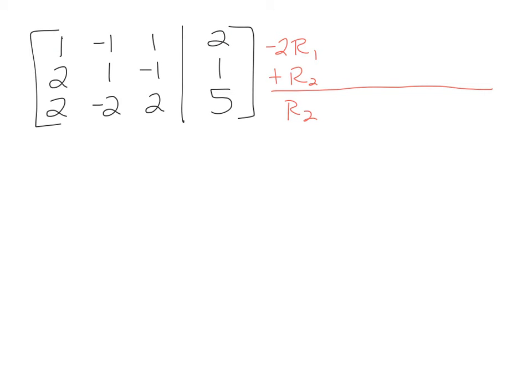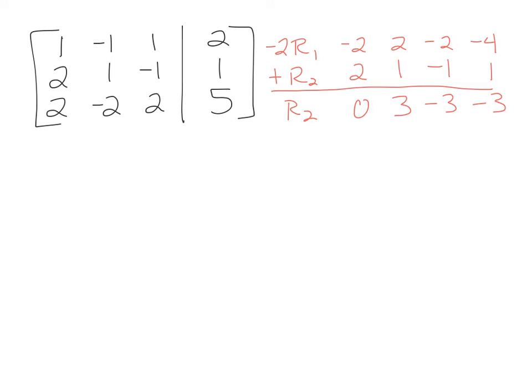If we multiply all of those numbers by -2, we will get -2, +2, -2, -4. In row 2, I will write just underneath that, just as it is. We're not multiplying it by anything. And the answer, what we will get down here after we add everything together, will go back into row 2. So if we add these two rows together, we will get 0, 3, -3, and -3.